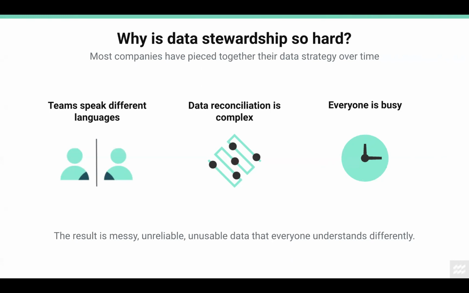Reconciling that data across different silos is obviously very complex. And of course, everybody's busy, so it's really hard to coordinate those efforts. This results in messy, unreliable, and unusable data that everyone knows exists, but it's really hard to get a common language around.